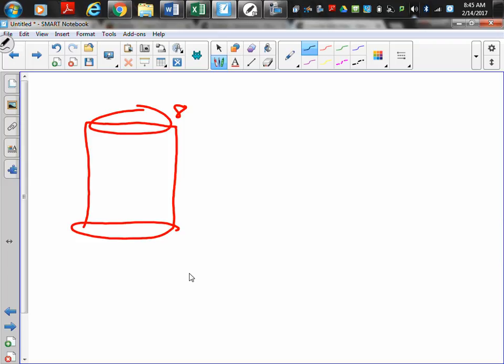What's our first piece of information? It goes all the way across, so that's the what? What piece goes all the way across the circle? Diameter.